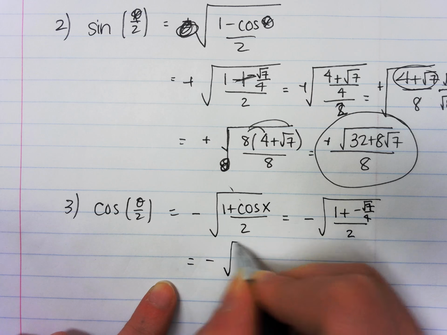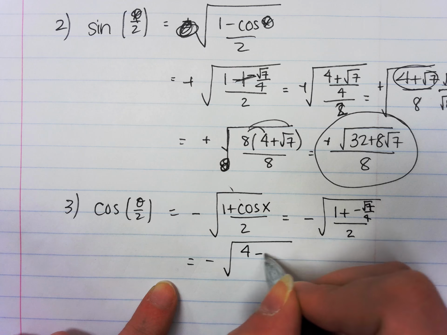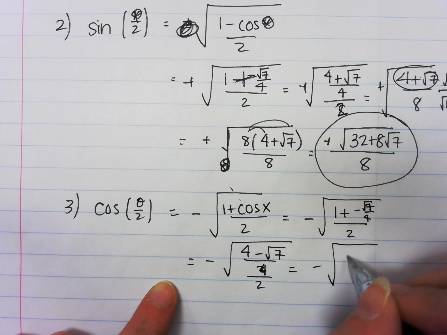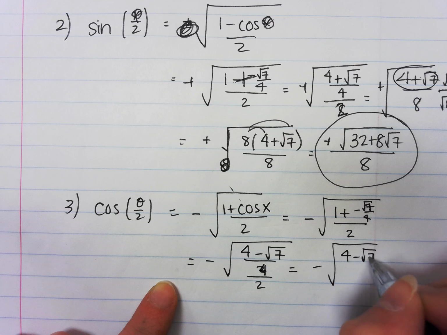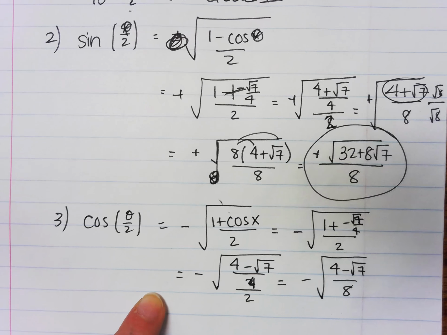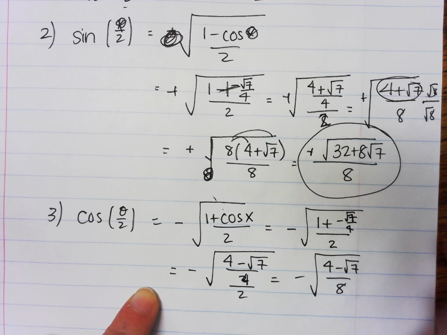We end up with the same stuff that we had before, except we have a negative version there. Again, doing the same situation that we just did up here. Multiply by root 8.